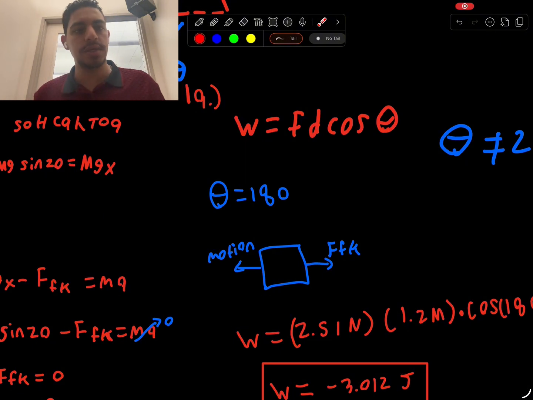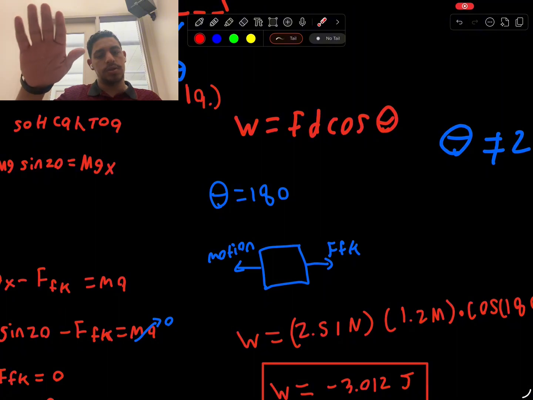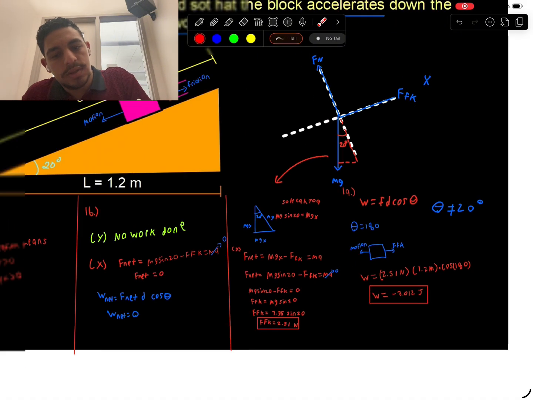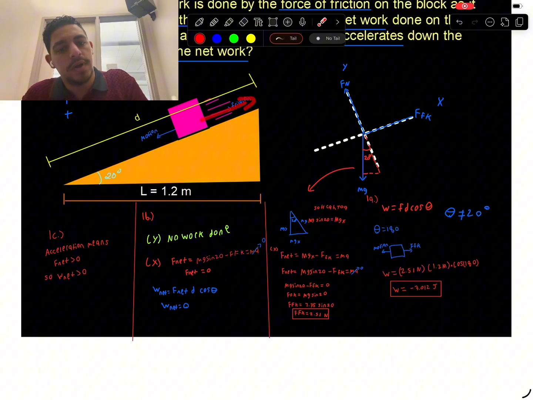And so what you see is between the motion where the work is being done and the force of friction, which is kind of holding it back, you can just ignore the friction. Think about the motion in comparison to the plane. So what I did was take a look over here. This is the plane, and this is where motion is going, right? And then add friction back into the equation. Friction is going opposite of that, right?